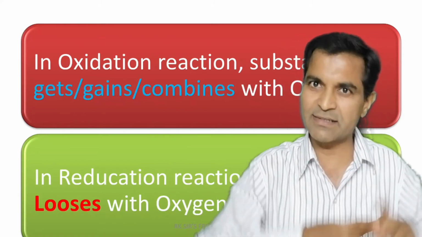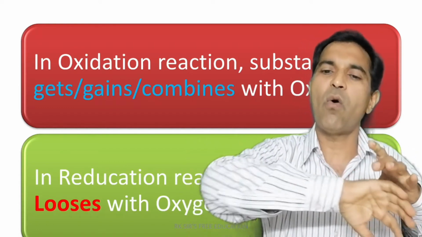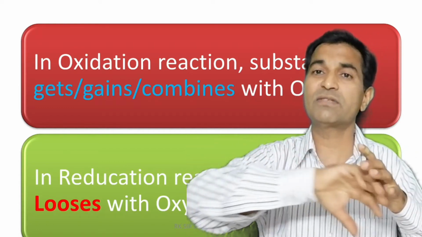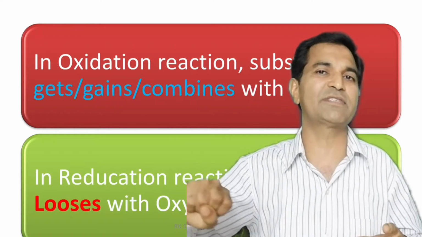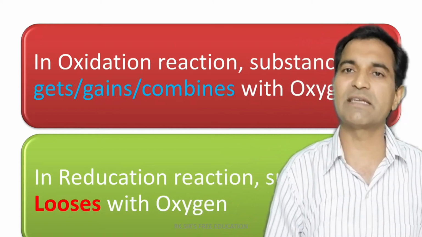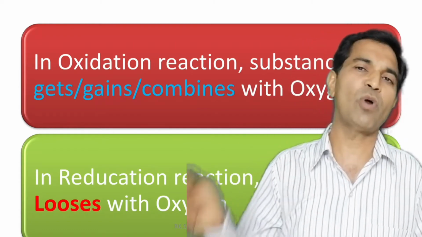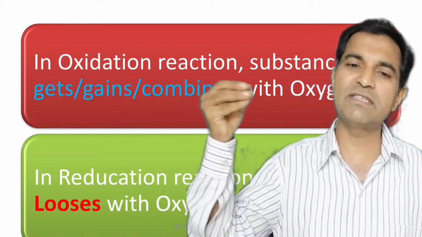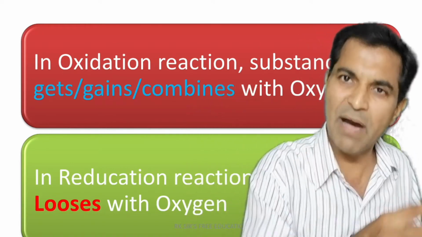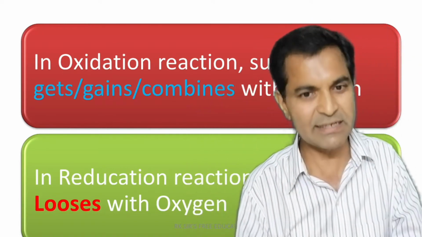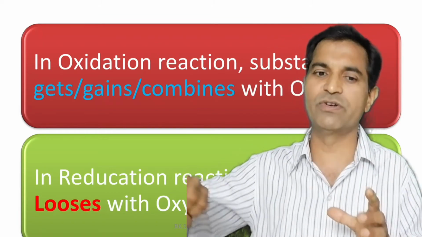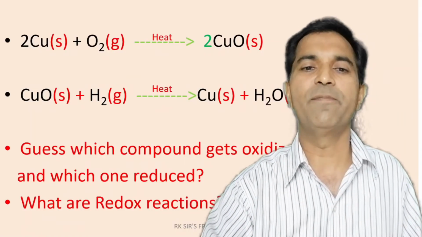And in case of the reduction, oxygen is liberated, oxygen will be removed from that substance. They are known as the reduction reaction. Repeat, in case of the oxidation reactions, oxygen will be attached or combines with the compound. In case of the reduction reaction, oxygen will be removed from the compound.